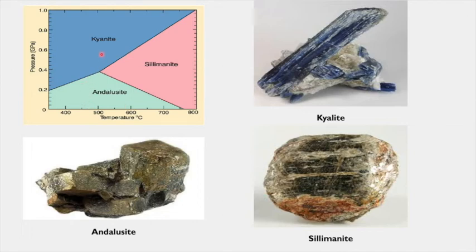Now this is kyanite, sillimanite, and andalusite. These are the polymorphs. Andalusite is a low temperature and low pressure mineral, so it is formed at lower temperatures and lower pressure.